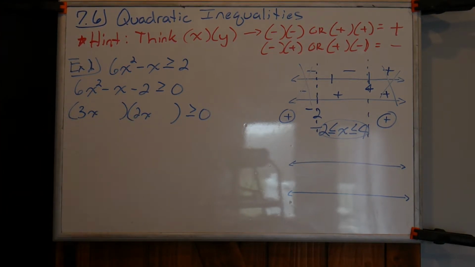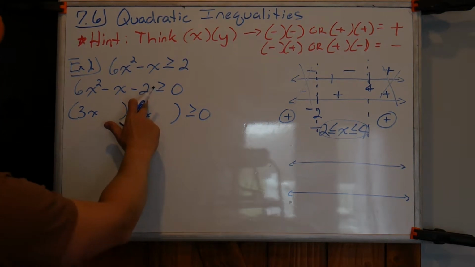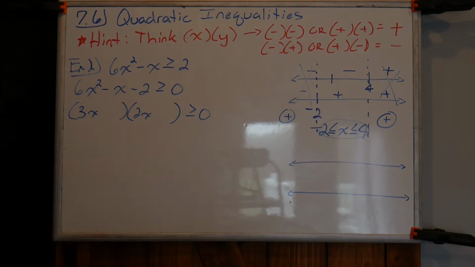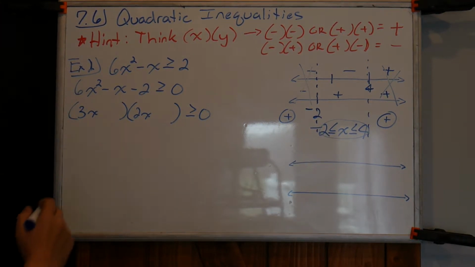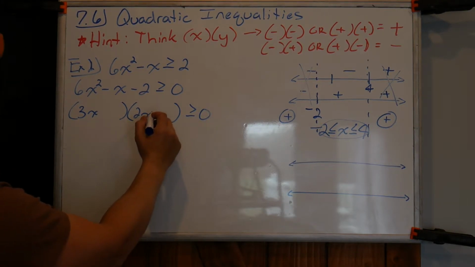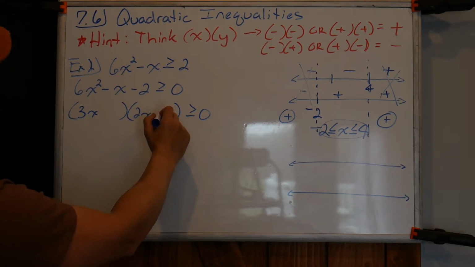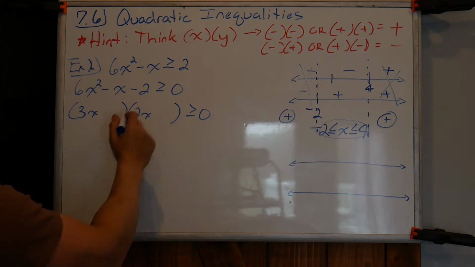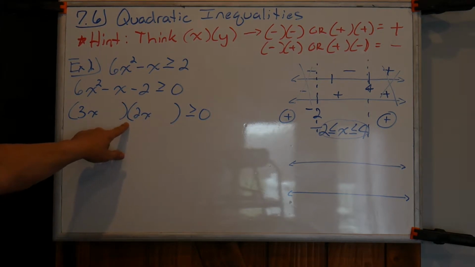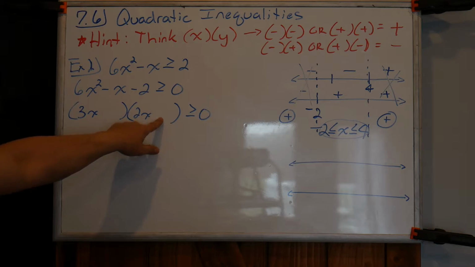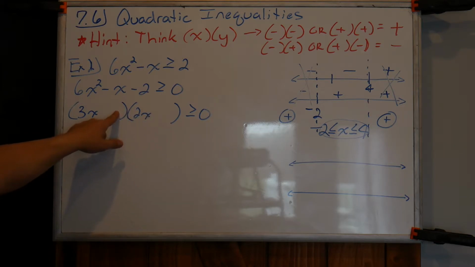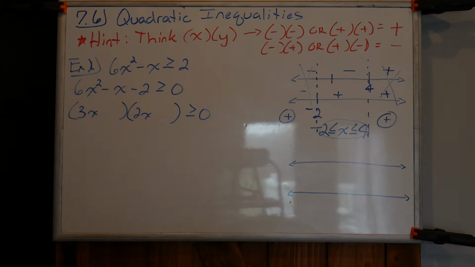So let's see, I have a 3x, I need a negative 2, so I need a difference, but I need them to end up at 6. So if I plug a 2 and a 1, I'd have 6 and 2, so that's 4.